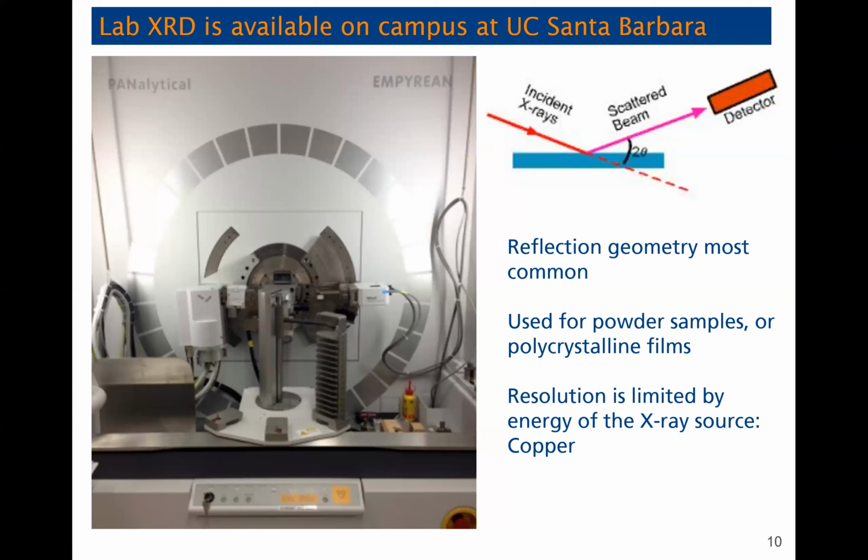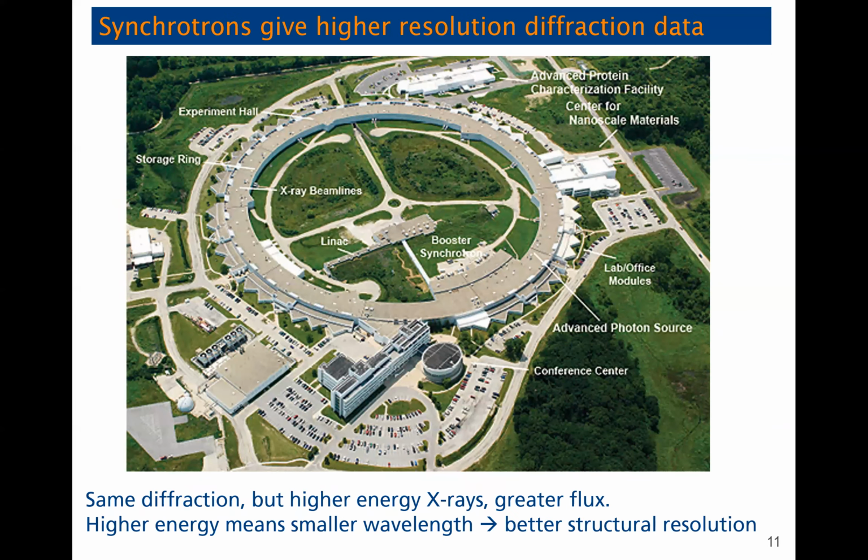Anyway, if you want to get even higher quality structure data, you need a source which is a lot higher energy. So we often send samples to a synchrotron, and I'm showing a picture of the Advanced Photon Source, which is a part of Argonne National Lab in Illinois, outside of Chicago. And through some science that I don't understand, they take these X-ray beams, bend them with magnets and send them around in circles many times so they can get going really fast.